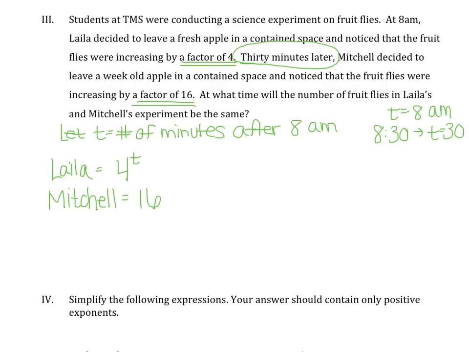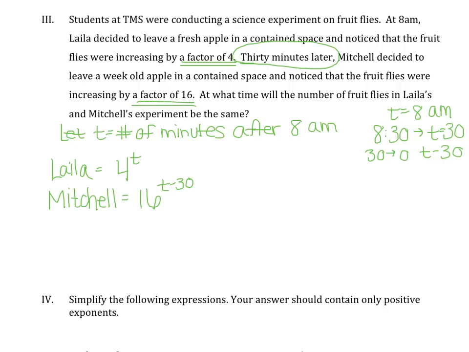Now we want Mitchell to be 0 at that time. So how can I go from 30 to 0? By taking t and subtracting 30. So 16 to the t minus 30 power is going to be Mitchell.